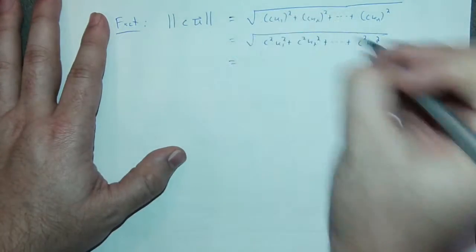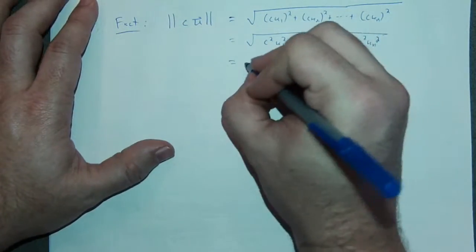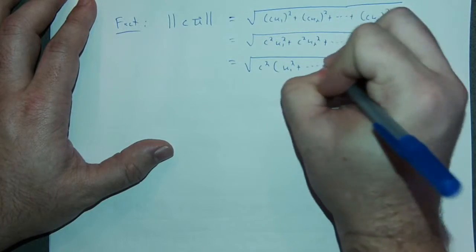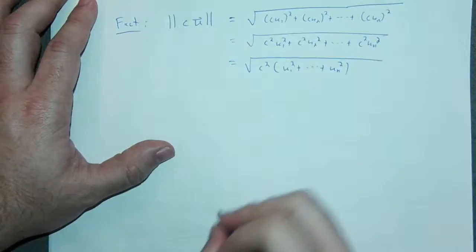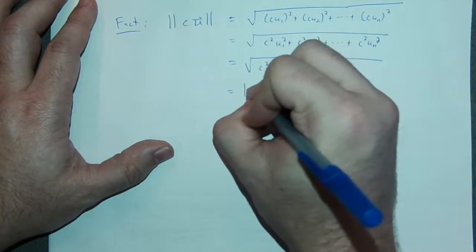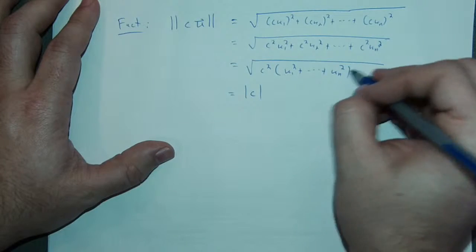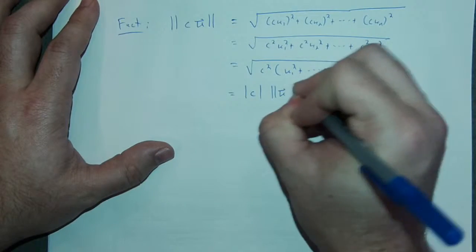I can factor out the c squared. What's left is u1 squared plus, and so on, un squared. So this is the absolute value of c times the square root of u1 squared plus, and so on, un squared. That's just the length of u.